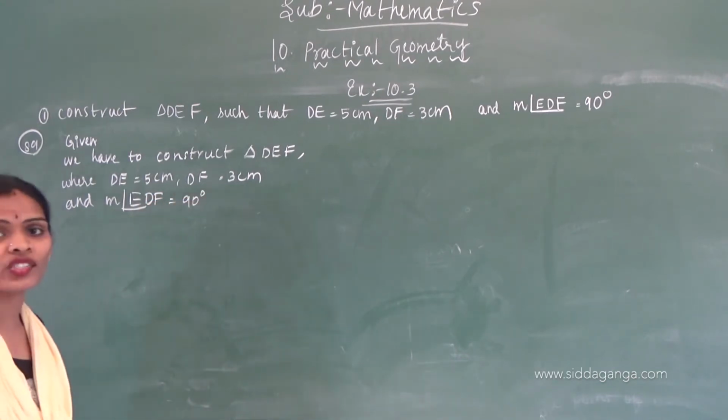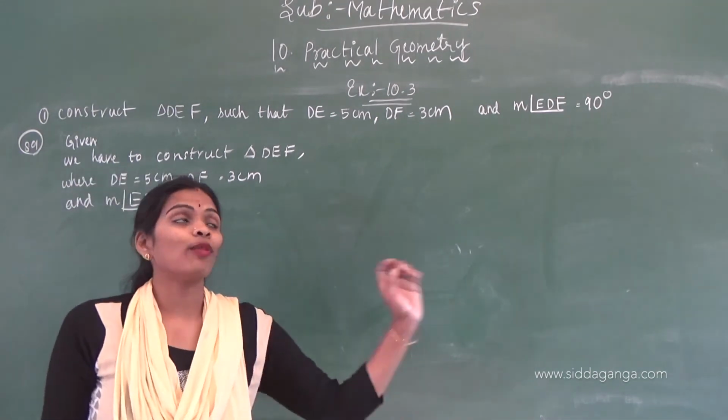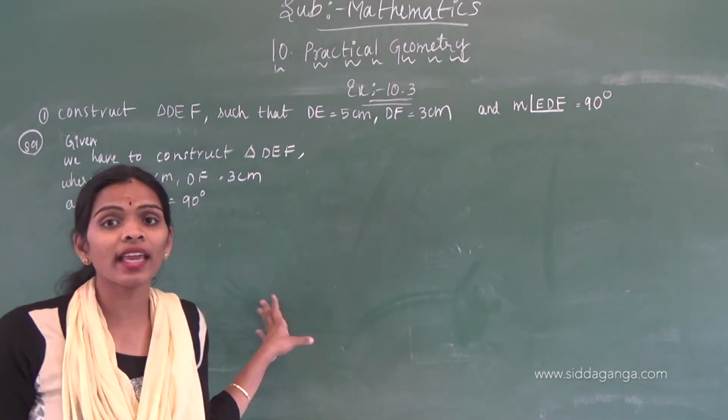That means we are constructing a right angle triangle because angle D is 90 degrees.